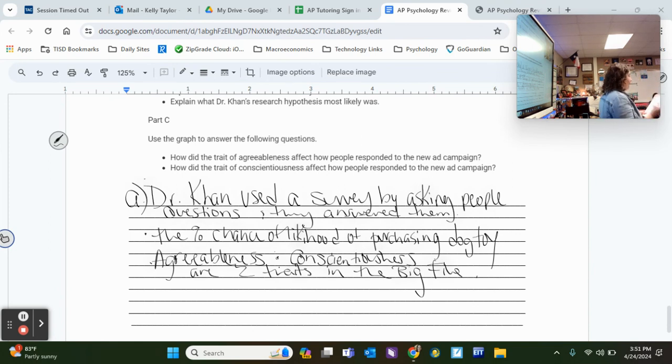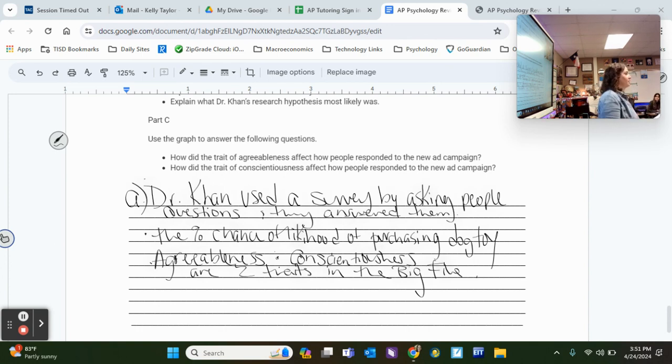Okay, B. Chances are you probably got the first bullet point incorrect based on the things that I was hearing. What are the limitations of using a survey?